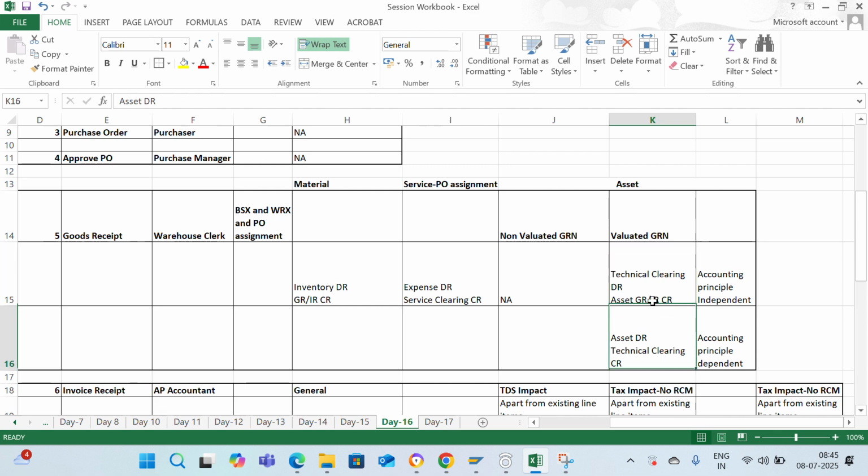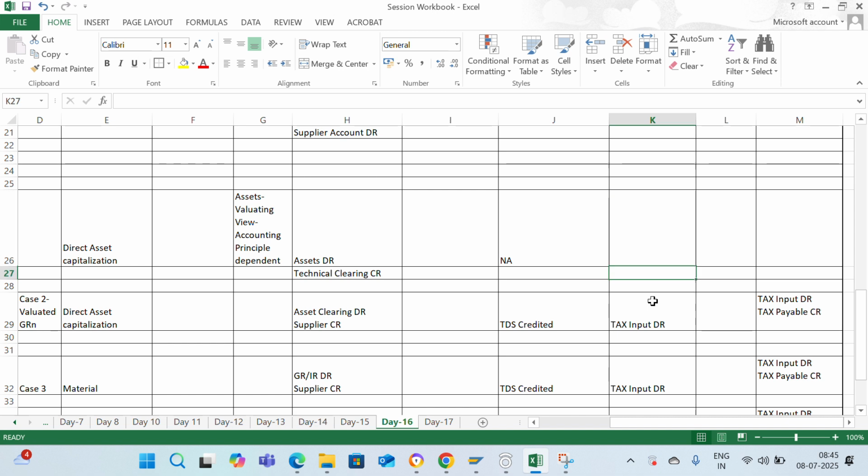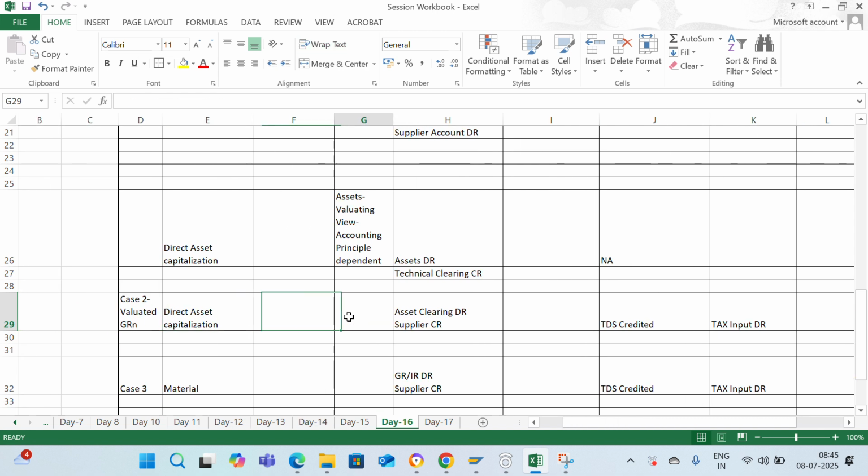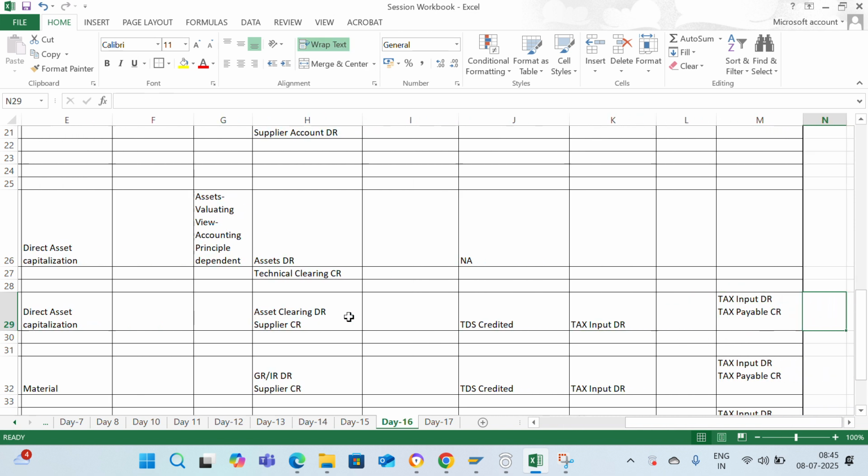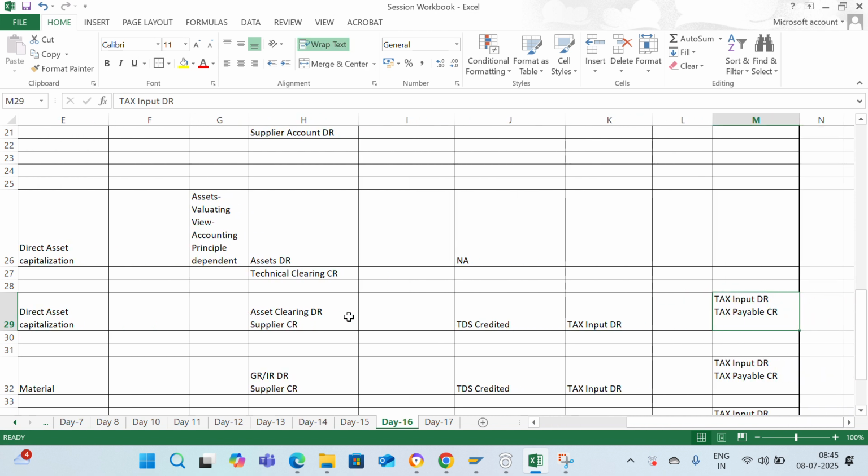During the GRN it was credited, and during the invoice receipt it is debited. So the clearing account has zero balance in total. Once the invoice is posted, this is called three-way matching: PO versus GRN versus invoice posting. Again, if there is a TDS applicable for this supplier, TDS is credited. If input tax is applicable, input tax is debited, and if it is for RCM, then tax output is credited and input is debited.